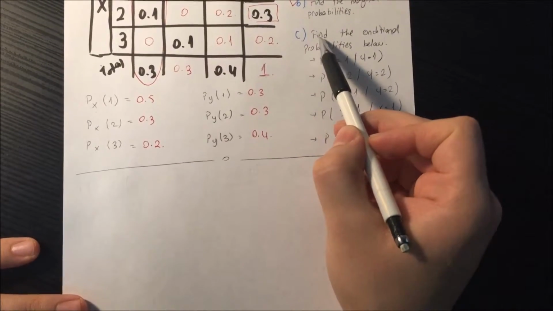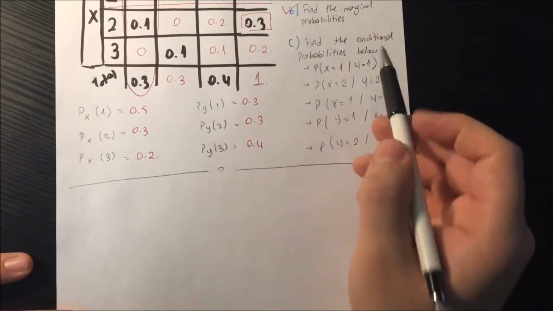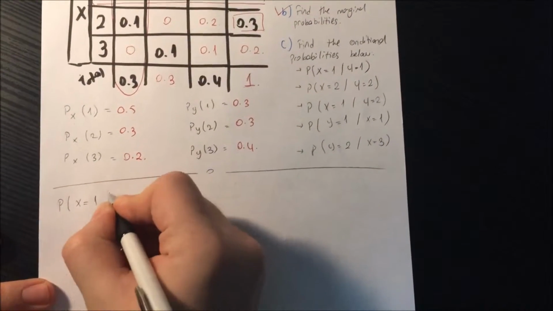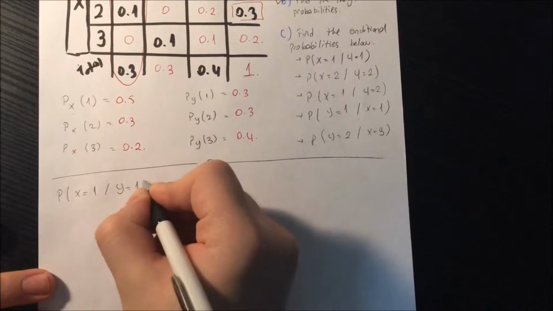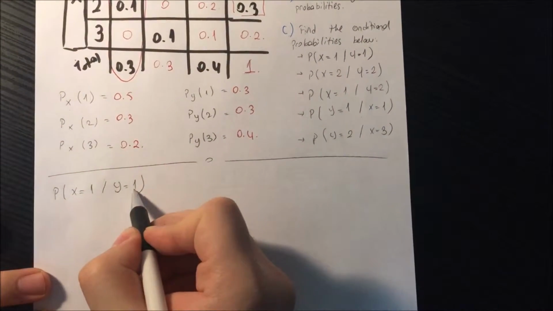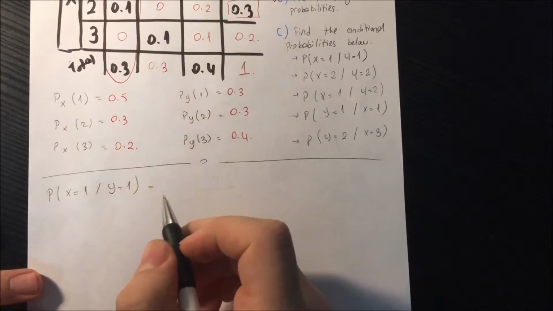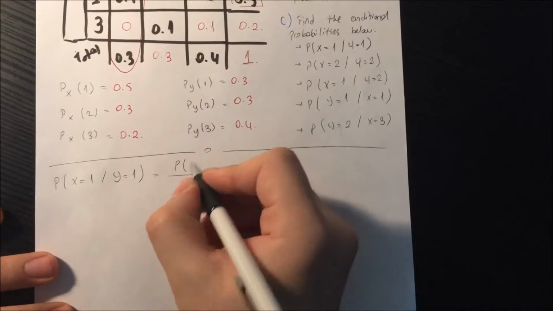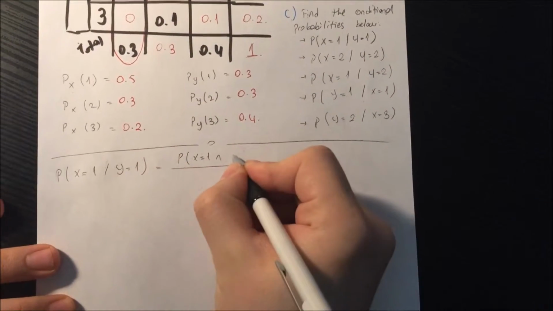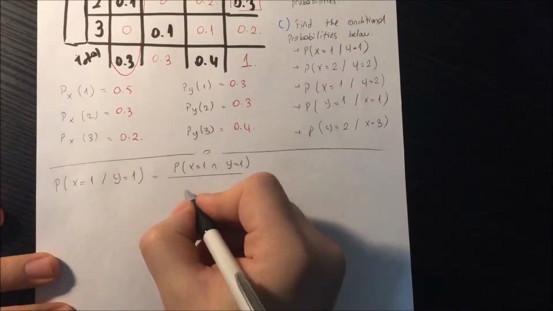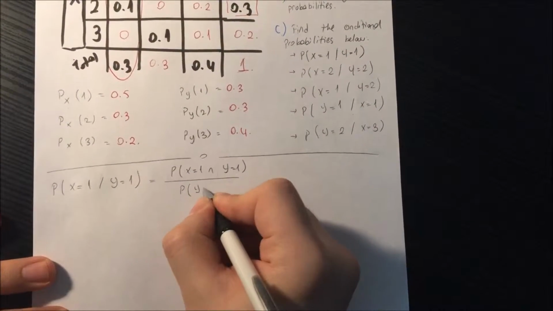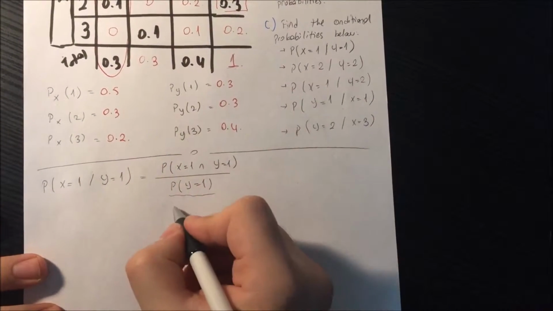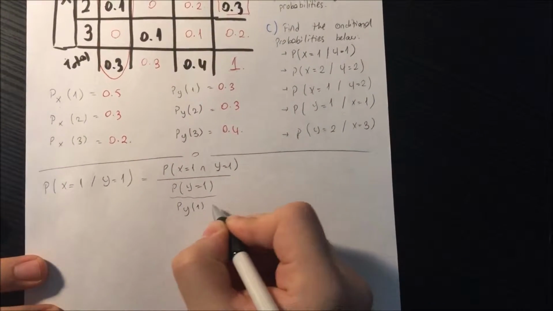In the third question, it asks us to find the conditional probabilities below, so I'm going to write them here. It is x equals 1 given y equals 1, so I can write this question using Bayes theorem, like that. But this one is also a marginal probability.